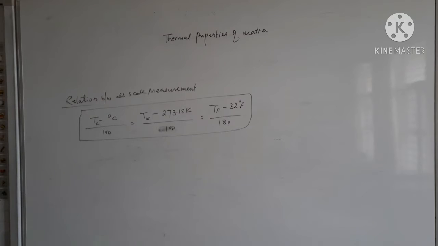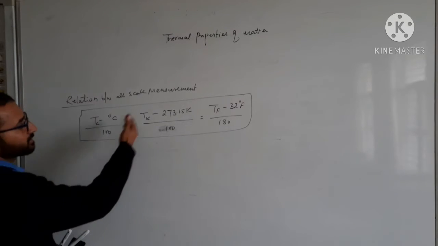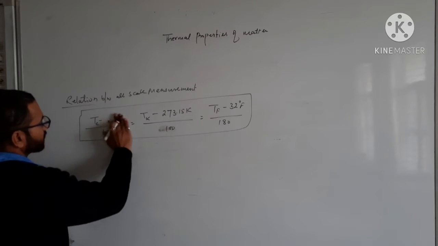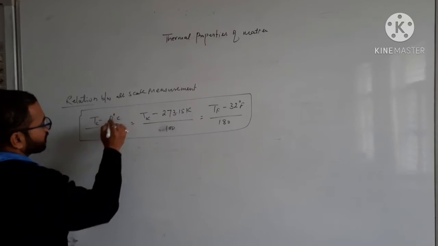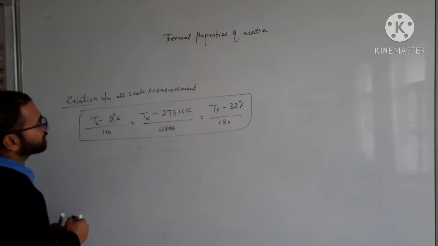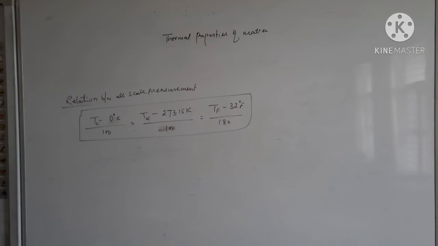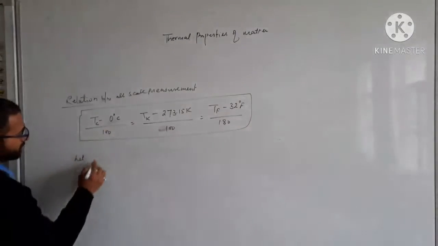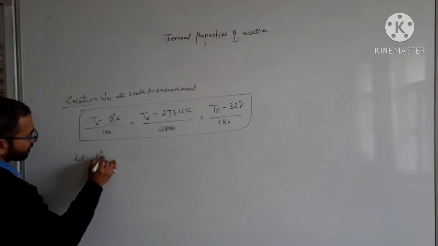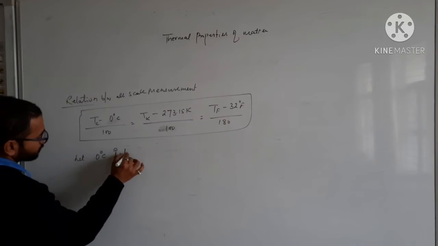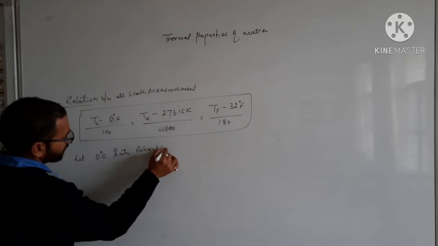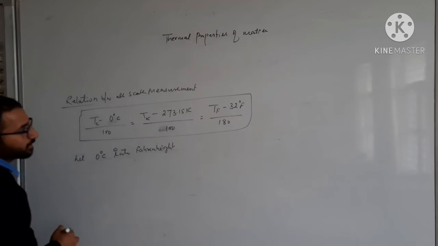If you want to change any Celsius scale temperature into Fahrenheit, you will use this relation. You can easily change the other temperatures in this form. Suppose we want to change 0 degree Celsius into the Fahrenheit scale. As we know, it will be 32 degree Fahrenheit.